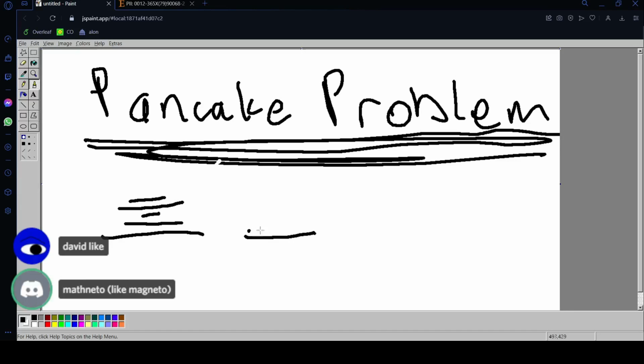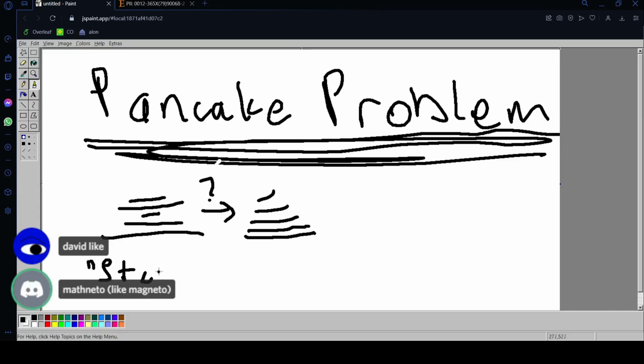Instead, pancakes typically go from smallest to biggest, right? So the question is, how can we get from here to there in the fewest amount of steps in the worst case?